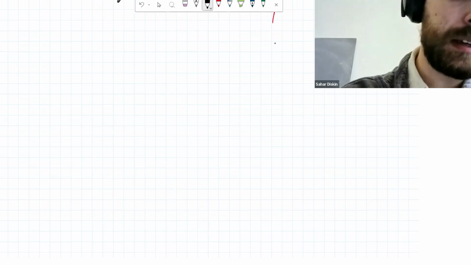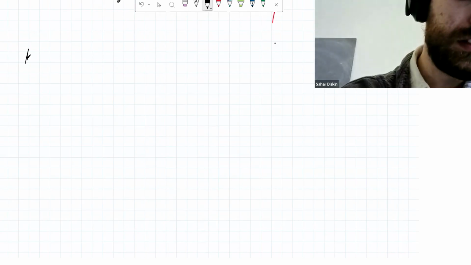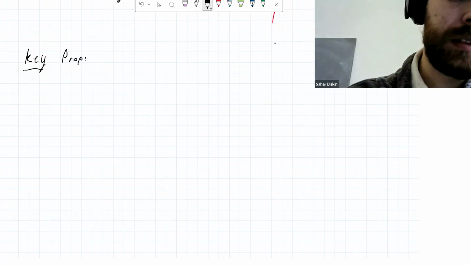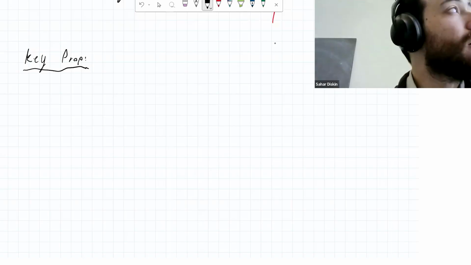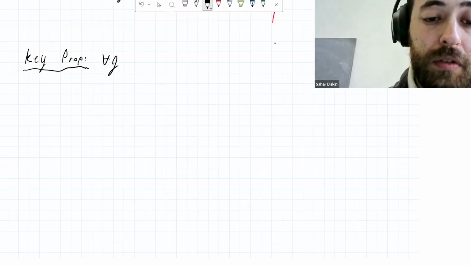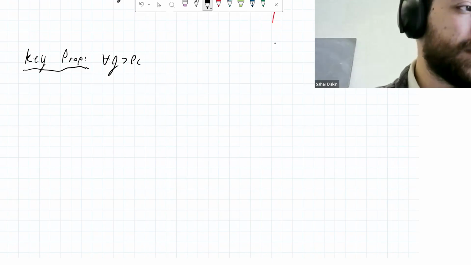So what's the key proposition? It says the following. For every parameter, let's call it q, which is bigger than p_c, so supercritical.